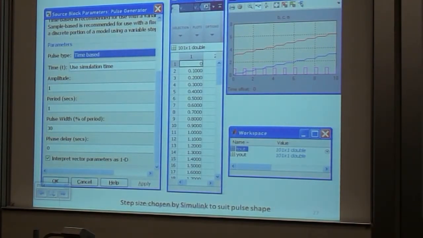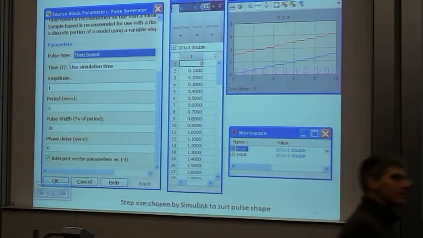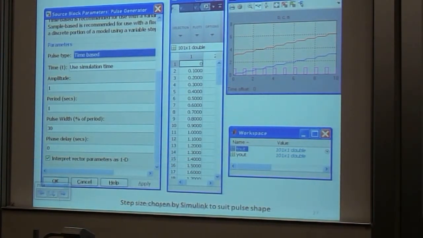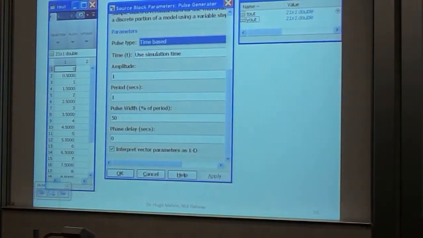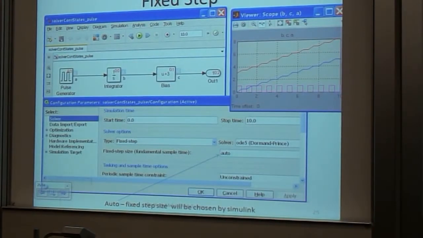Yeah. So essentially what Simulink is doing is it's saying, right, we have a pulse here that changes 30% of 1, which is 0.3. So I want to make sure I capture every edge of that pulse. Because I've set the step size to automatic, I will automatically change the step size to capture that.